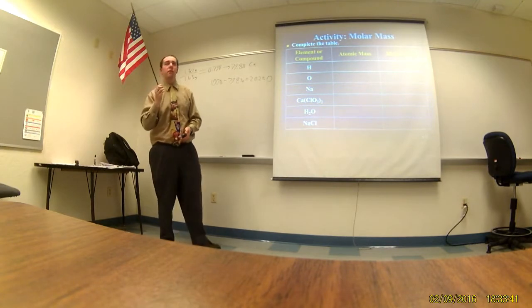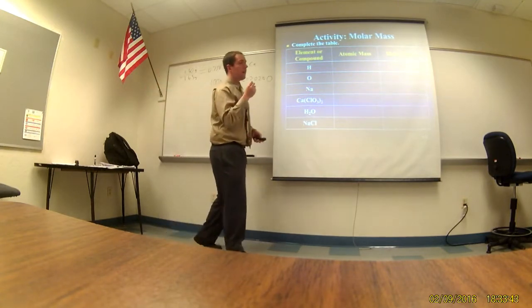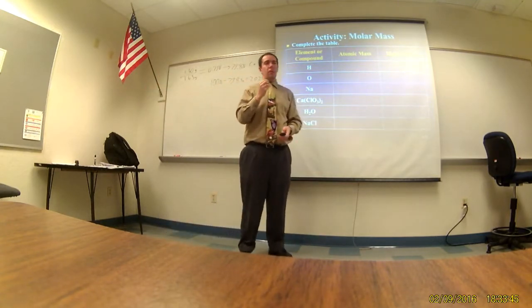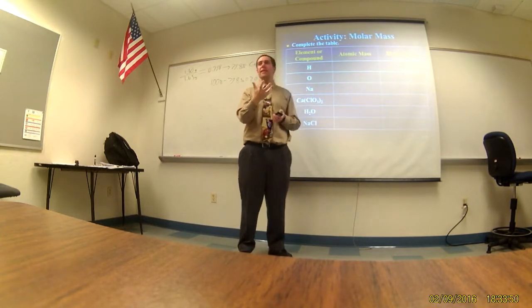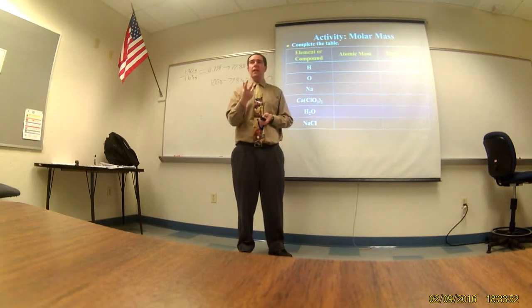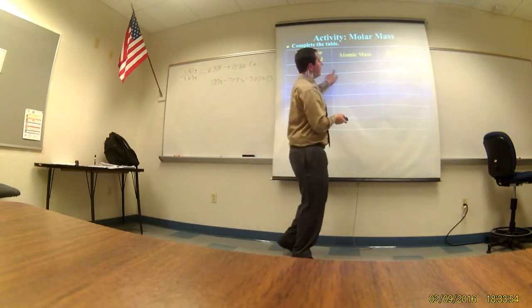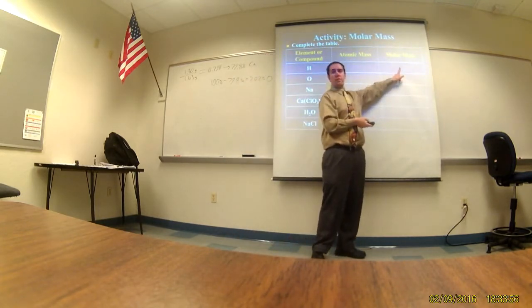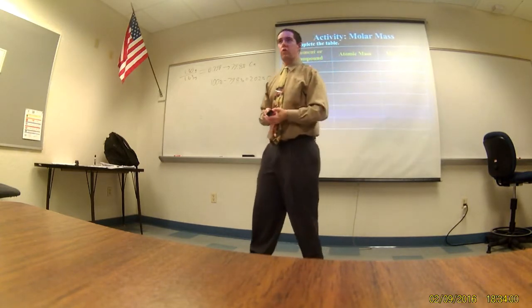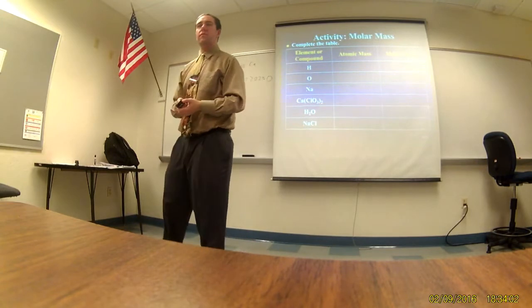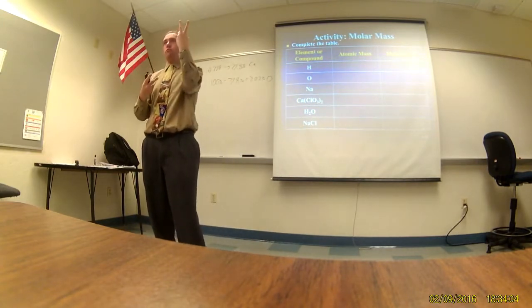Yes. Hydrogen is one of those diatomic elements. We have to calculate this molar mass for the form that actually exists, and hydrogen actually exists as H2. So what is the molar mass of H2, or hydrogen, going to be? 2. Basically 2.